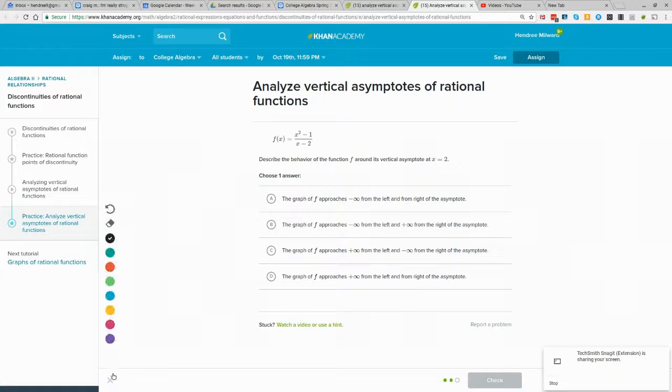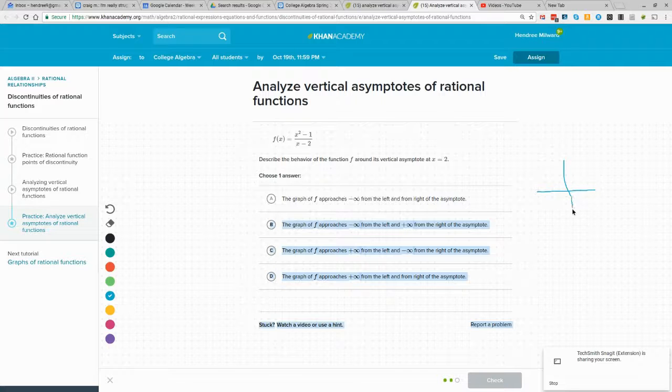So if I'm going to look at my little picture, this is what the graph would look like. Okay, this is the graph, and here's 2.